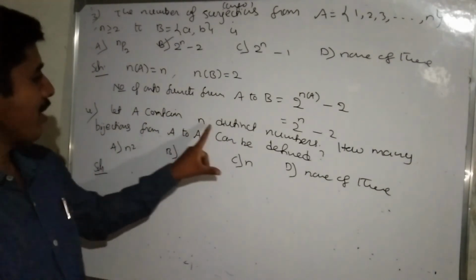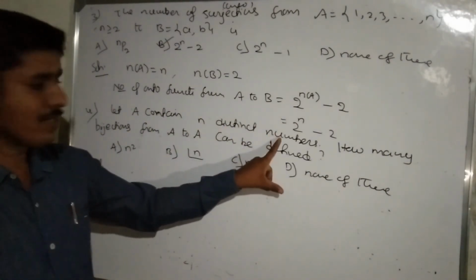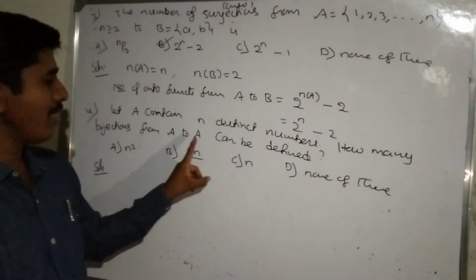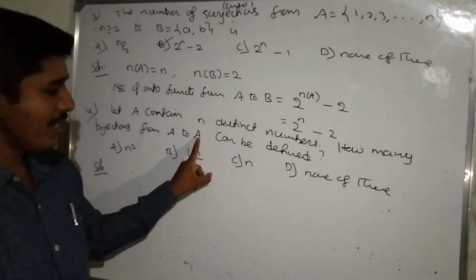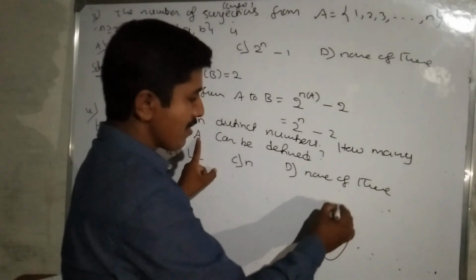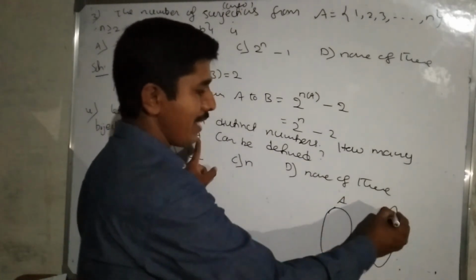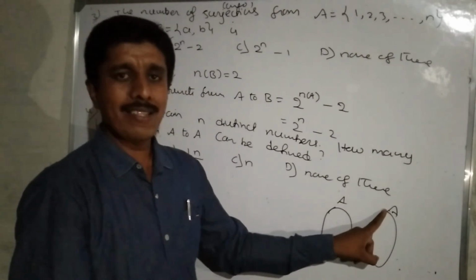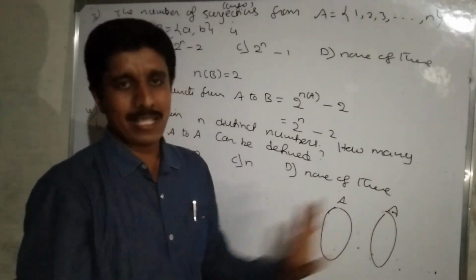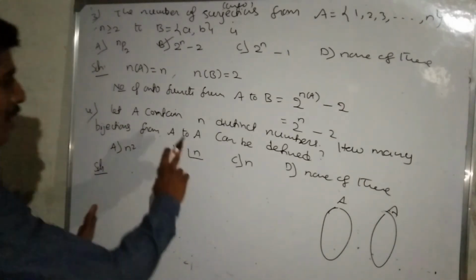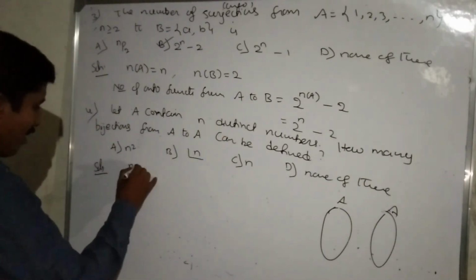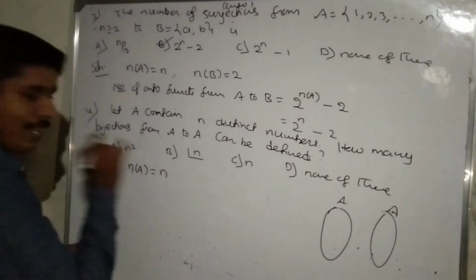Here we have set A containing n distinct numbers. Set A to set A means the domain is set A and the codomain is also set A, so both are the same set. The number of elements in set A equals n.